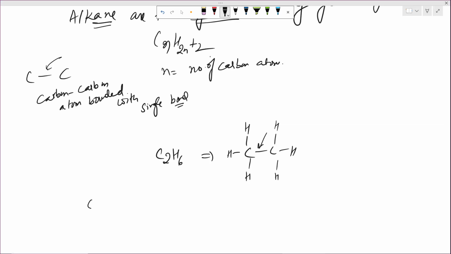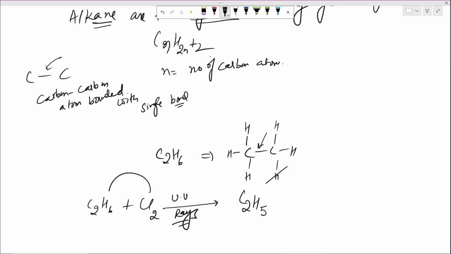But when this C2H6 reacts with chlorine gas, when I'm passing chlorine gas in the presence of UV rays, one of the hydrogens from this one will be removed and will form C2H5.